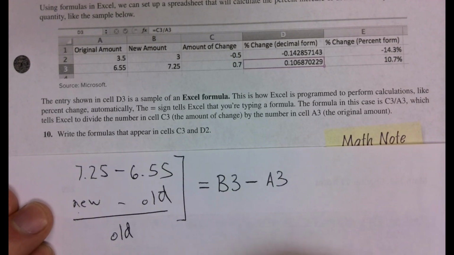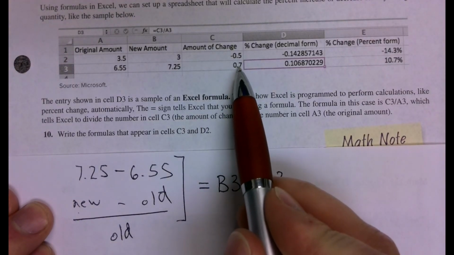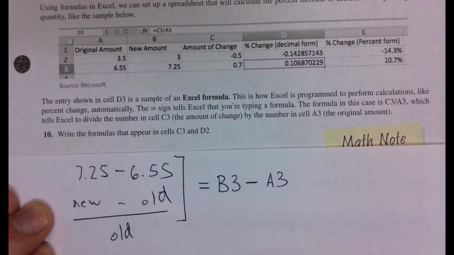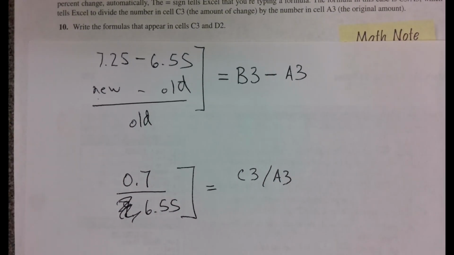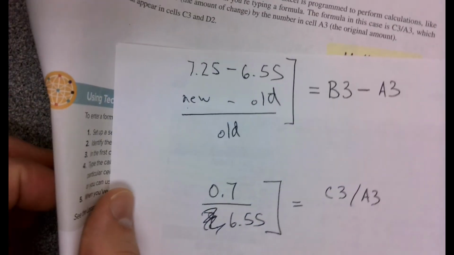We would select the C3 cell. That's where we have our 0.7 listed. Then we do the division symbol, which is the slash. And we would click cell A3, and we would get our answer. Boy, I wrote all that and you couldn't see it. Okay, that's it.